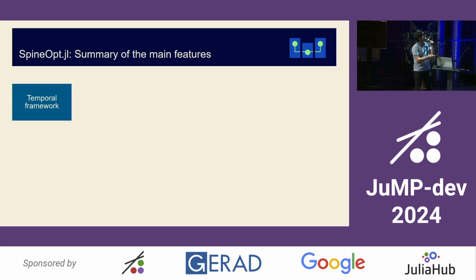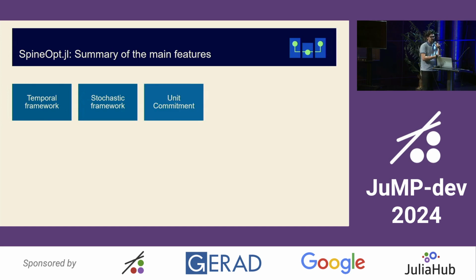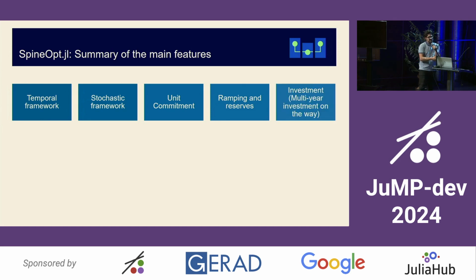So it has the temporal framework, also the stochastic framework, really basic, but it's there. Unit commitment, ramping and reserves, which is important for flexibility. Investment for now is only one year, but we are working on multi-year investment.